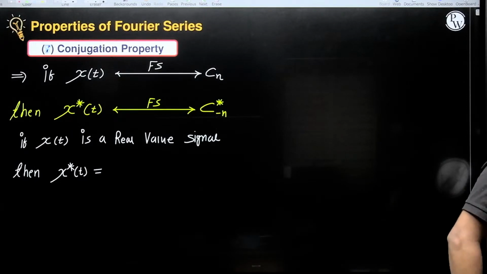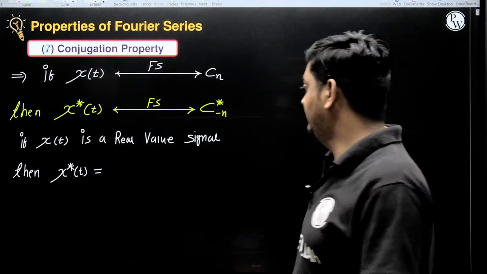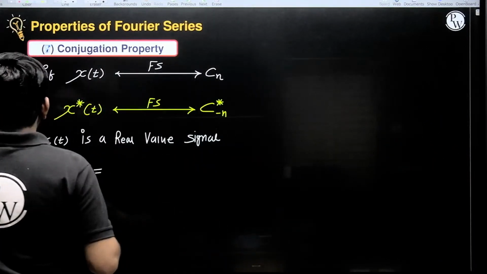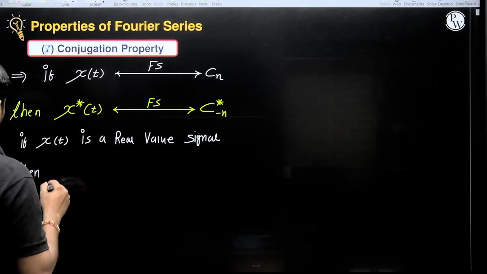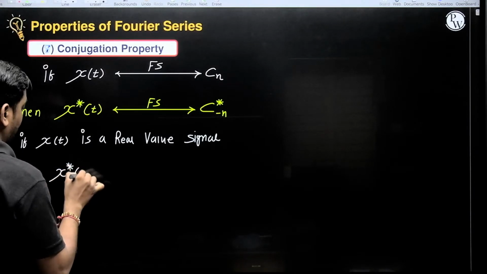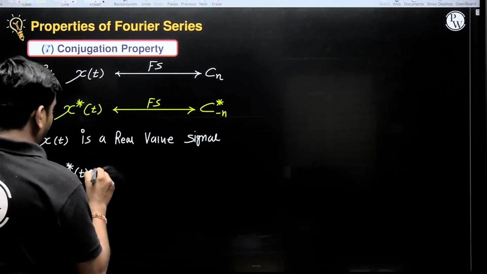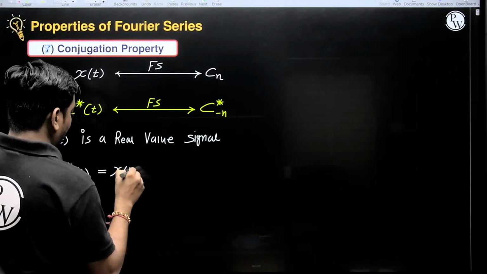Can you please give an example of a complex signal? I have trouble understanding. Okay, definitely, I will provide you an example also, but let us understand this property. So x conjugate of t will be x of t only.